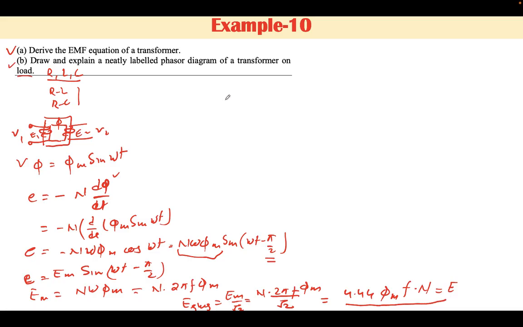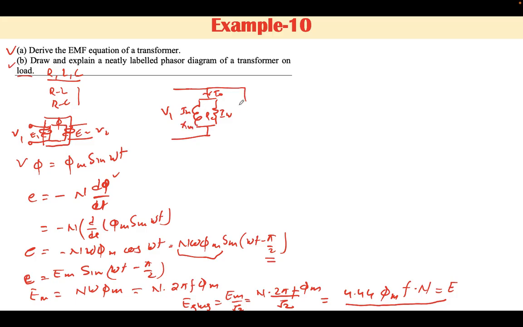Now considering the second part, in case of the second part, if we draw the equivalent diagram of the transformer, it will look like this. Considering no load parameters, the applied voltage is V1, the current in this part is I naught, this is IW, this is IM, this is RC, this is XM.